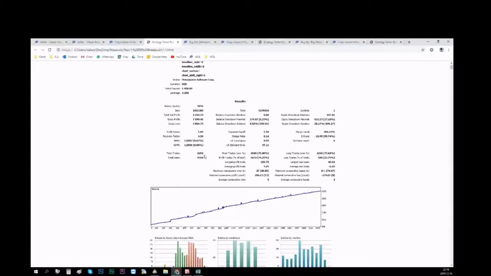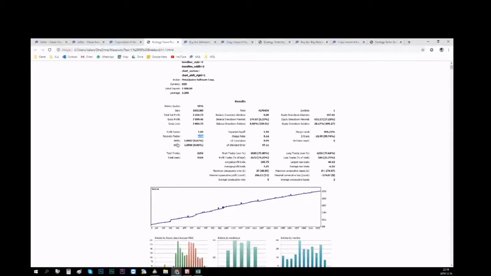I'm always looking at the recovery factor because it shows you if the strategy has a higher recovery factor, a more trusted strategy.